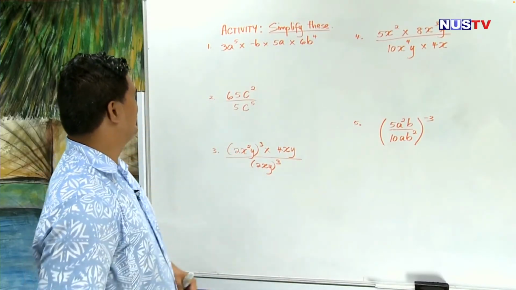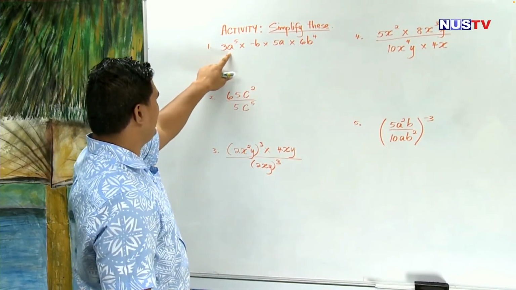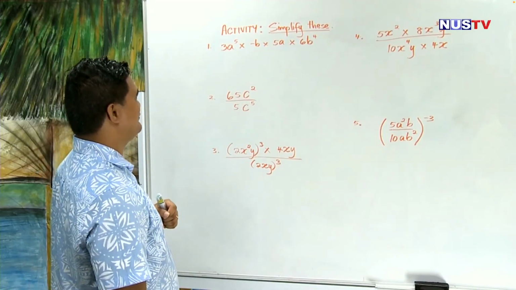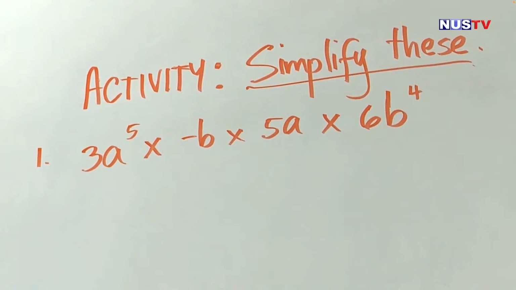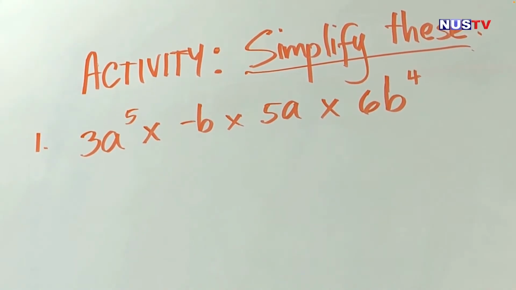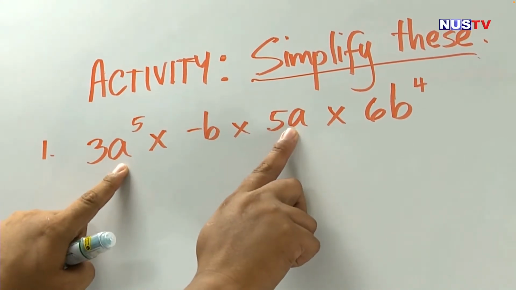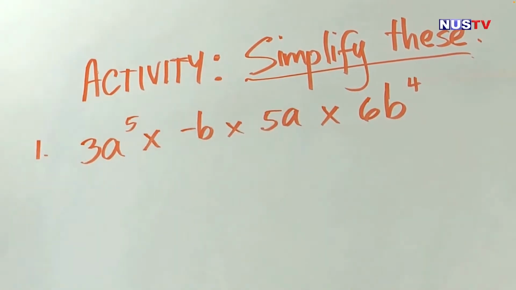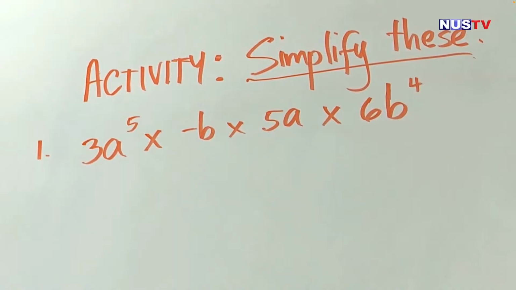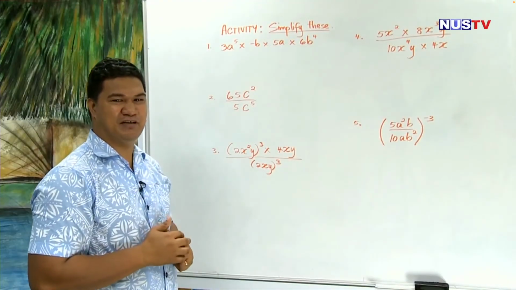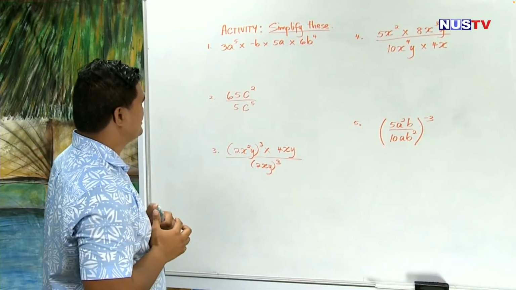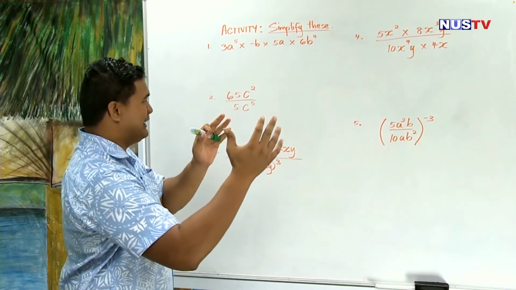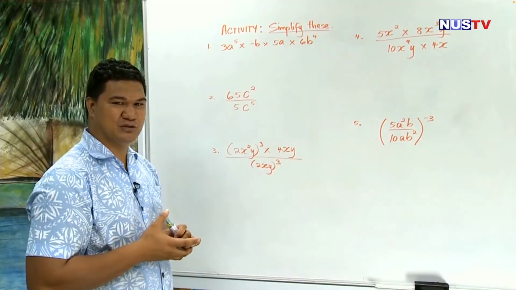So number 1: 3a to the power of 5 times negative b multiplied by 5a multiplied by 6b to the power of 4. Now we have two different variables, variable a here and variable b there. As in our discussion with our examples, we are going to put together our variable a, and so as we do to our variable b.